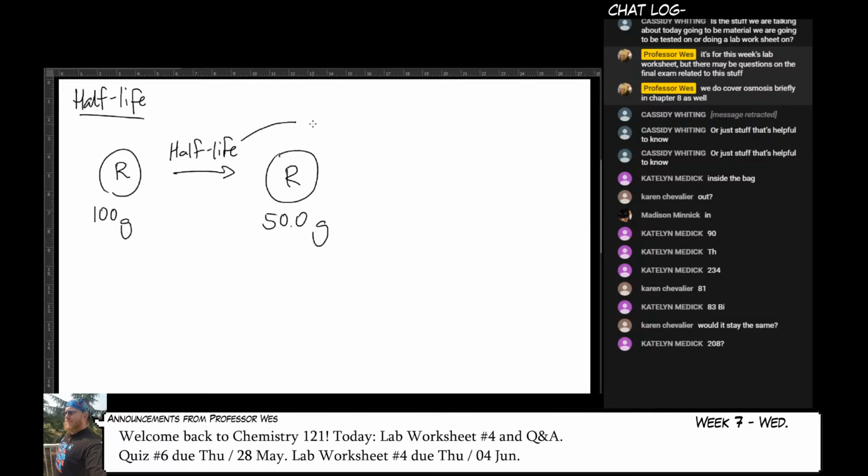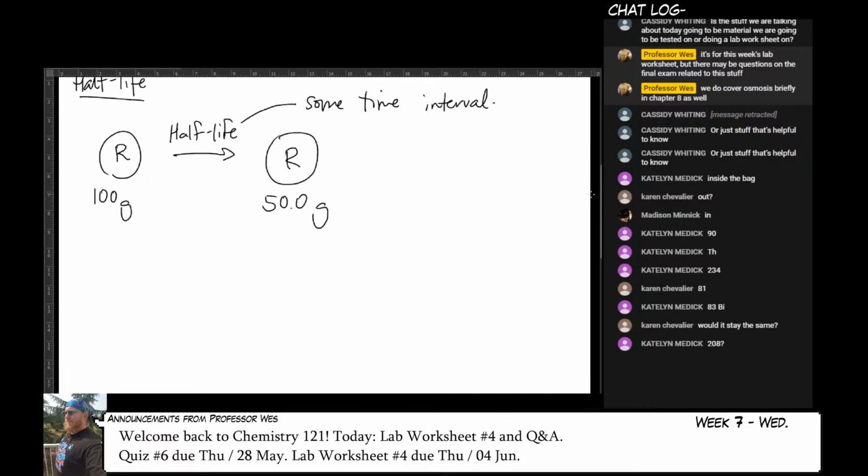Now, the half-life is going to be some time interval. That time interval can be short or it can be very long. For example, uranium's half-life is 4 billion years. If I give you 100 grams of uranium today, in 4 billion years, only 50 of it will be left. What that means is that it decays pretty slowly. You don't have to worry too much about being exposed to uranium radiation with a half-life of 4 billion years. Specifically, that's uranium-238.